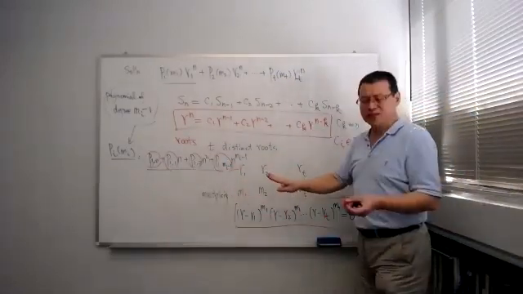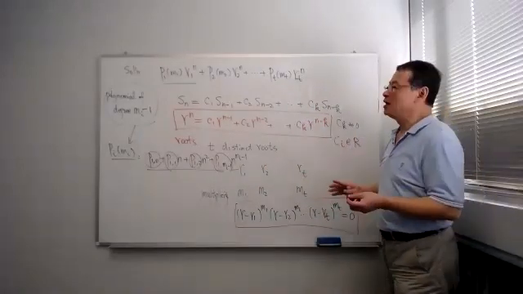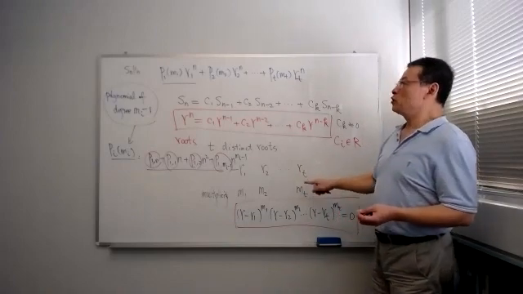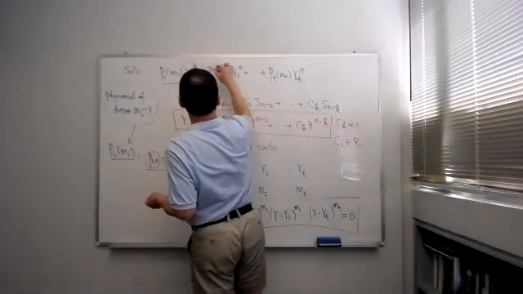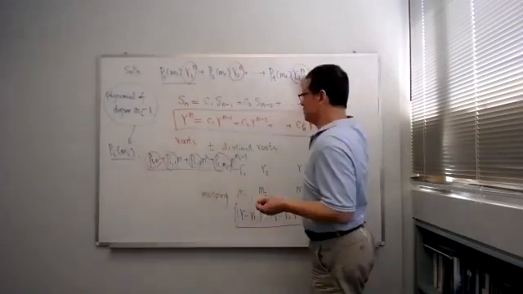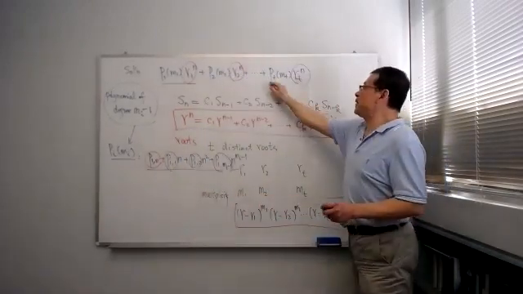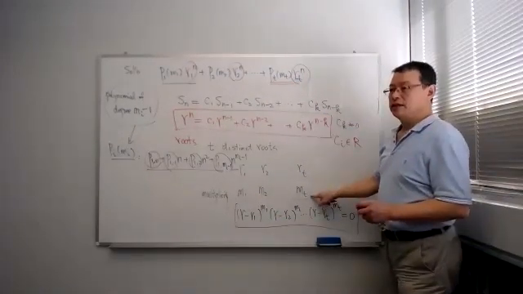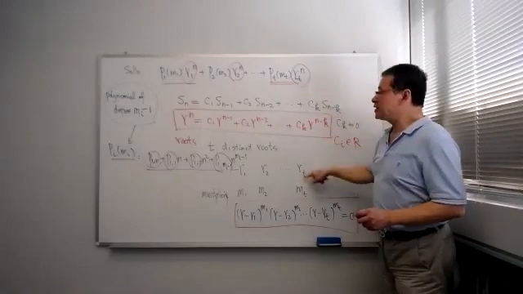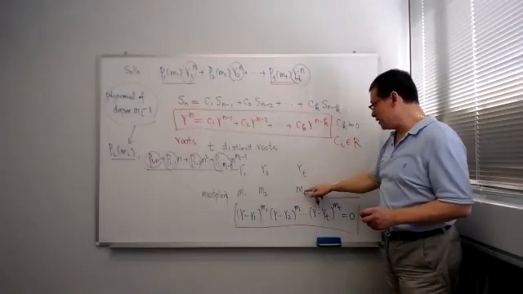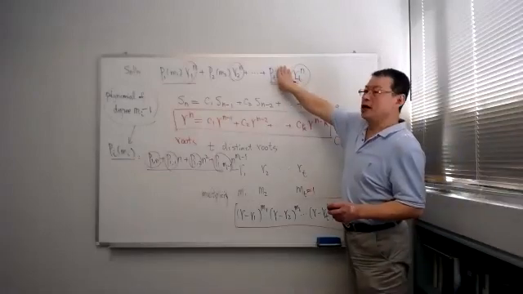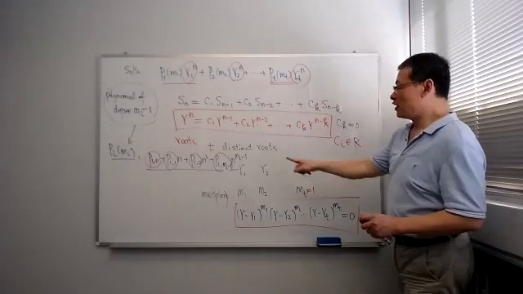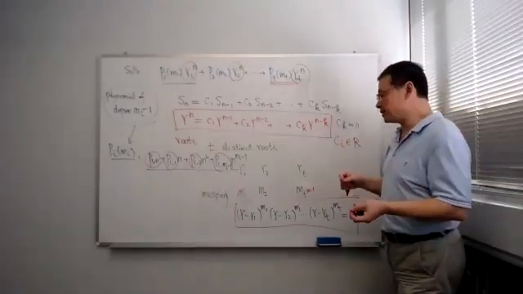If it has t roots, the solution will have these t roots, each raised to power n, and then this part is a polynomial that depends on the multiplicity. Its degree is multiplicity minus 1. So if the multiplicity is 1, the degree is 0, it's only a constant. These coefficients need to be determined by solving a system of linear equations.